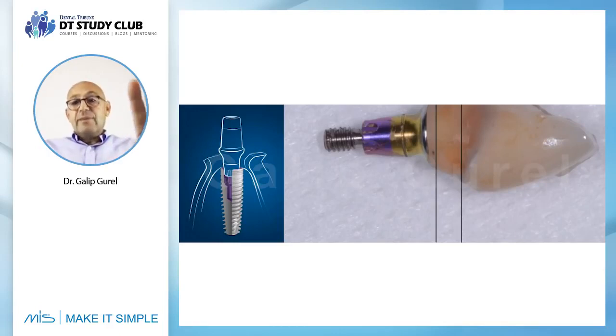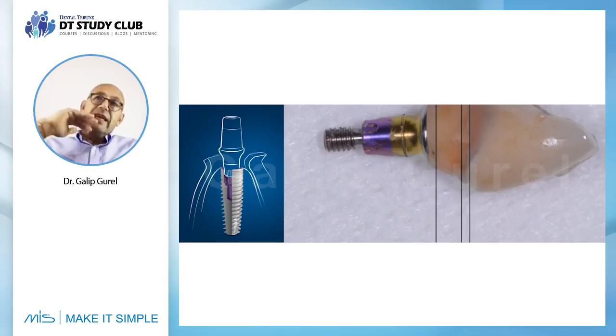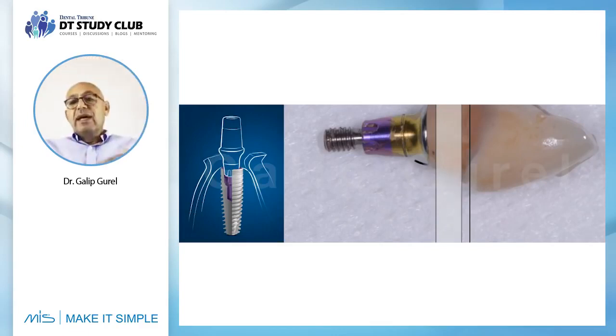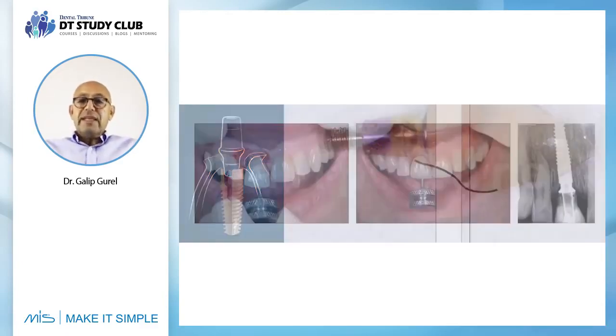This is the area which will stay under the soft tissue, and this is the area which will indicate the end portion of the most apical portion of my crown, the way it blends to the soft tissue. So what is important here is to take care of this zone, and this zone should always be kept in a concave version. So this way the soft tissue will be more stable in these areas.